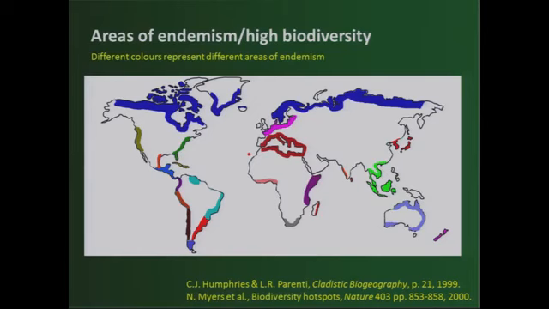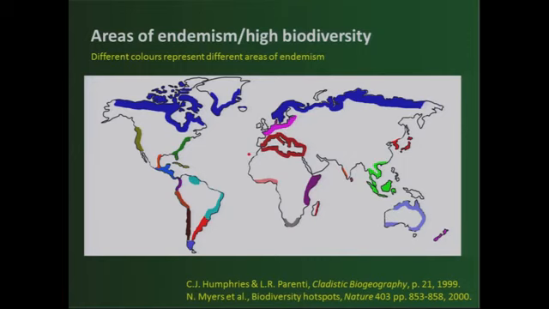And here, each colour represents one of those regions. Interestingly, areas of high plant endemism often coincide with areas of high animal endemism. So these areas where we find lots of different plant species concentrated together tend to be the same as the areas where we find lots of different animal species concentrated together.